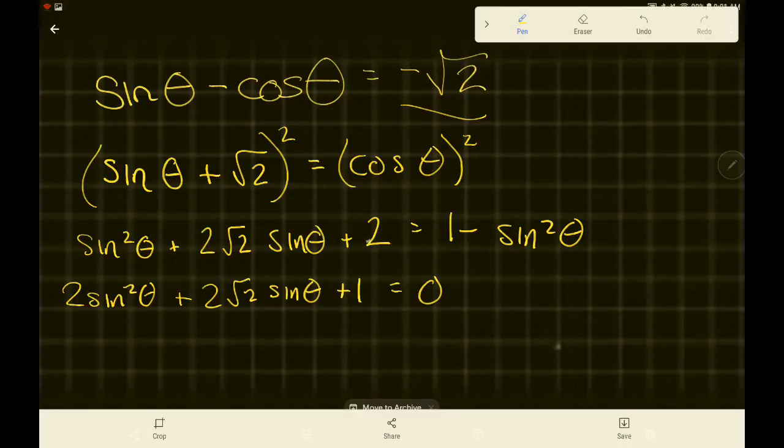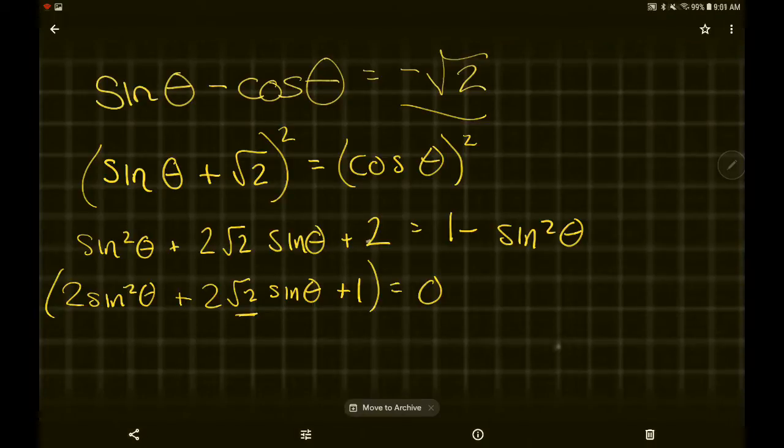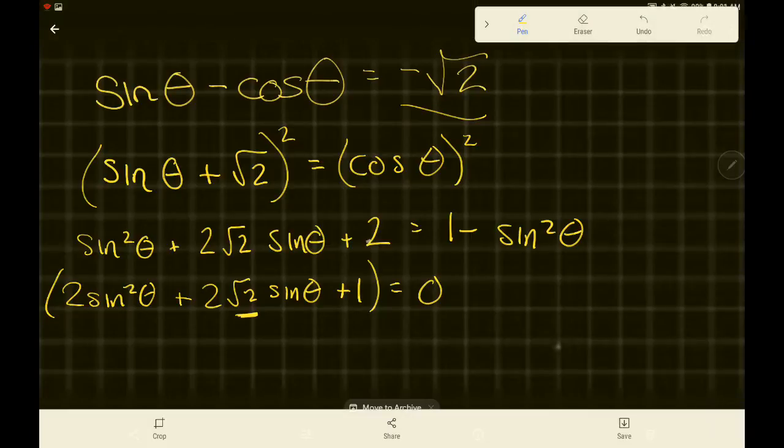Now, this one is a little bit unusual to factor. We would factor this, and we will factor it, but note that this square root of 2 is part of the coefficient in the middle. That means that you're not going to end up with integer coefficients of the two factors that you have.